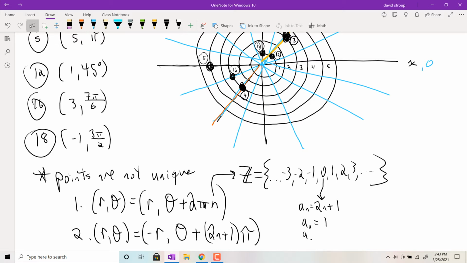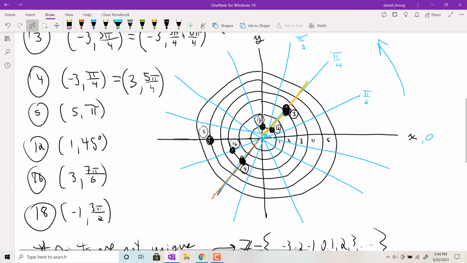If you stick in -1, you'll get -2 plus 1, which is -1. If you stick in 3, or even 4, let's try, you get 8 plus 1. The thing is you're always going to get an odd number with this formula, this 2n plus 1 thing.